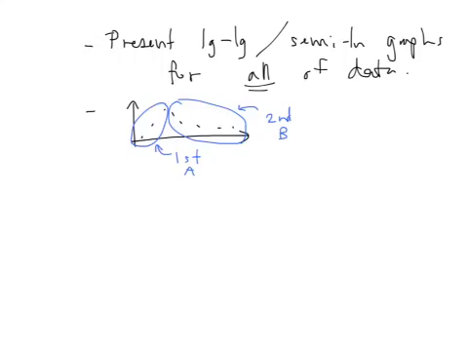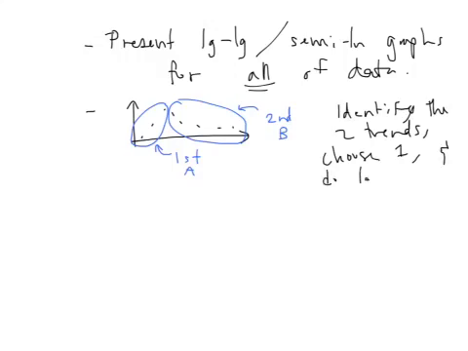So you would identify the two trends, choose one, and do the log again. Or if log doesn't get you anywhere, you could just do the ln. You could just present the semi-ln if that's the one that gets your final function.